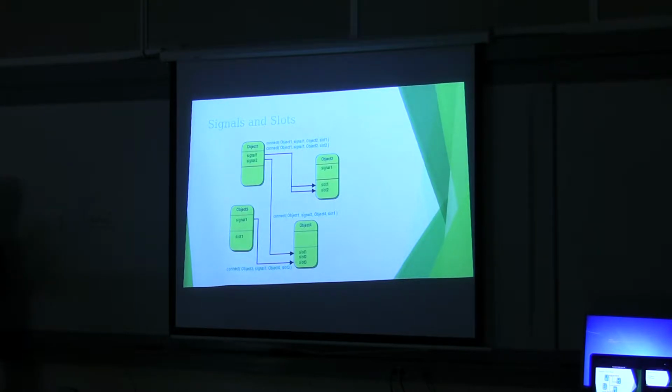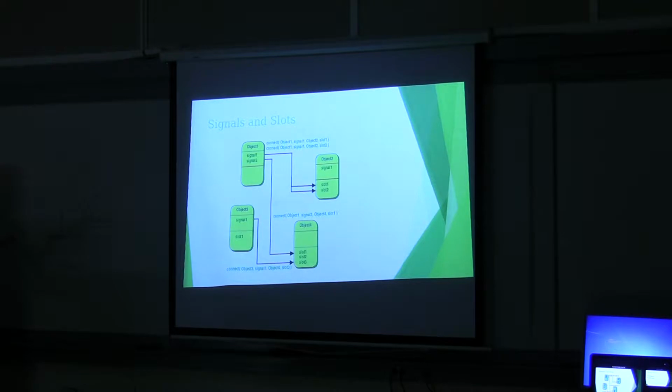A slot is just a normal function, but it can be triggered through signals. So I have, for example, a function on button click. Whenever the user hits the button, this function is triggered. In this function, I can do whatever I like, for example, pop up some message, or do whatever I want when the signal is connected to this slot.